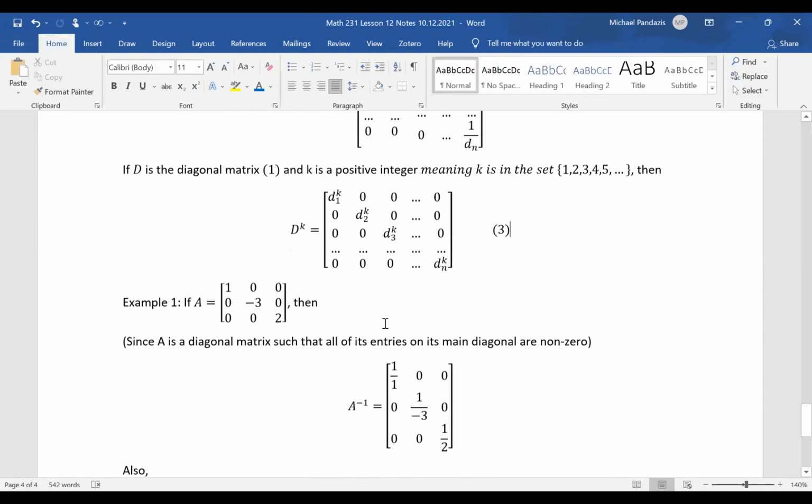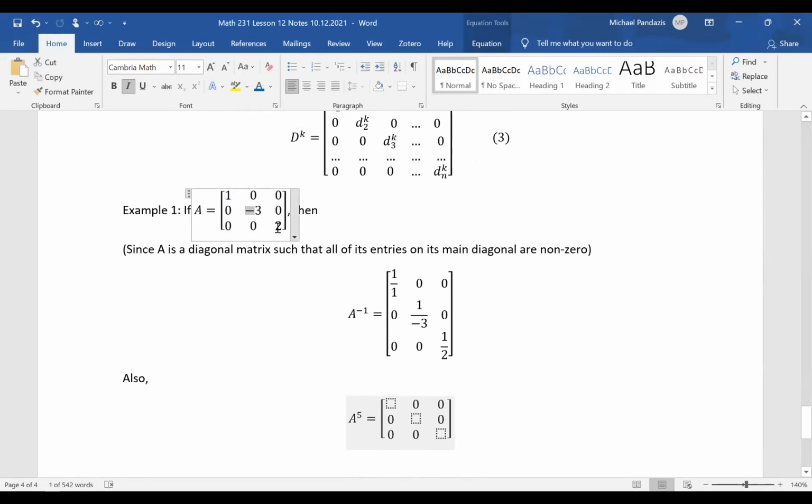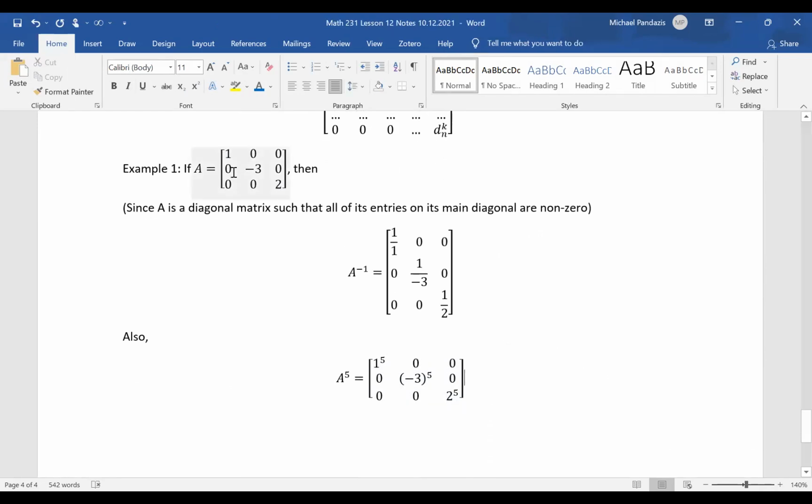Since the original A had 1, -3, and 2 as its diagonal entries, you raise each of them to the 5th power because it's A to the 5th. So that's -3 raised to the 5th power, and the number 2 raised to the 5th power.